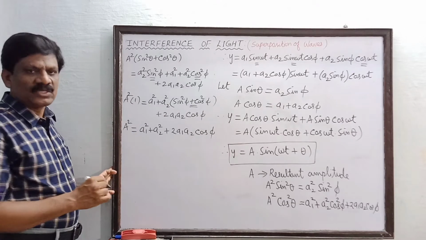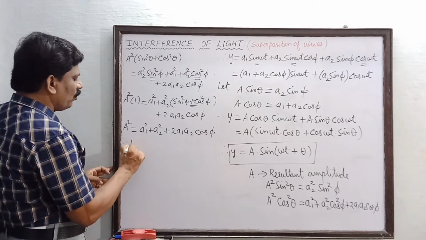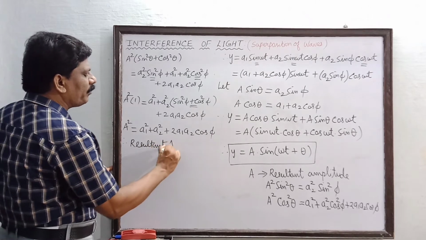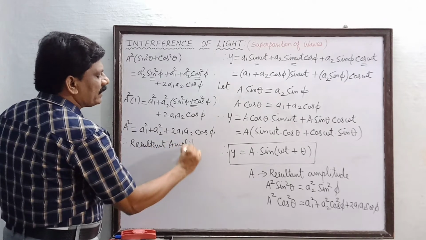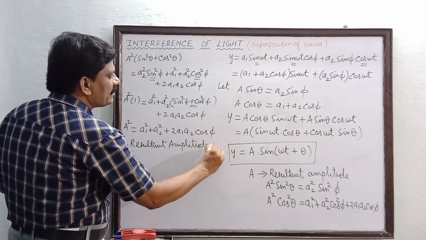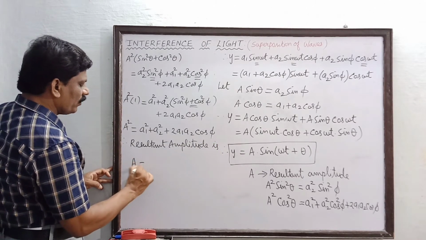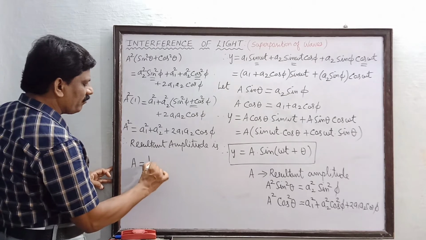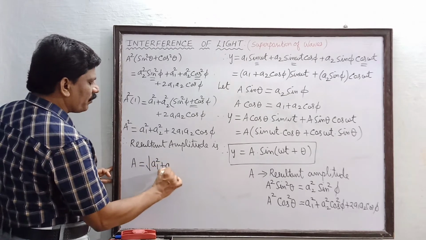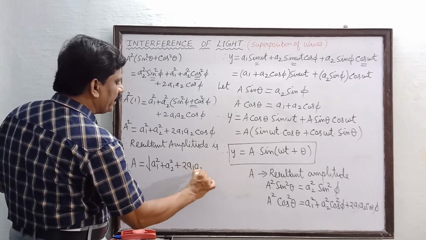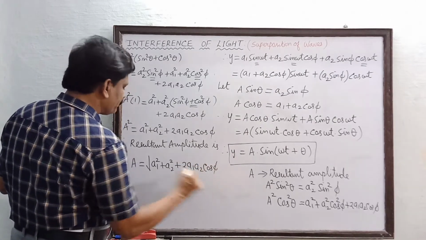Now I am going to take the square root on both sides. Therefore the resultant amplitude is given by capital A equal to square root of A1 square plus A2 square plus 2 A1 A2 cos phi.